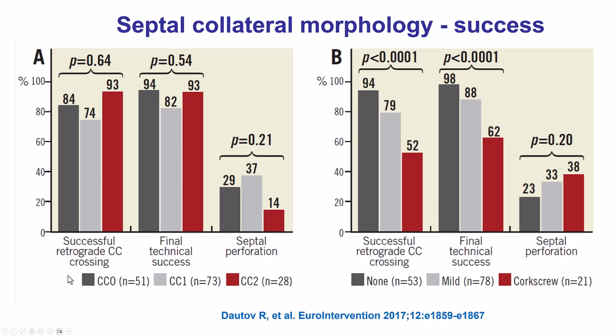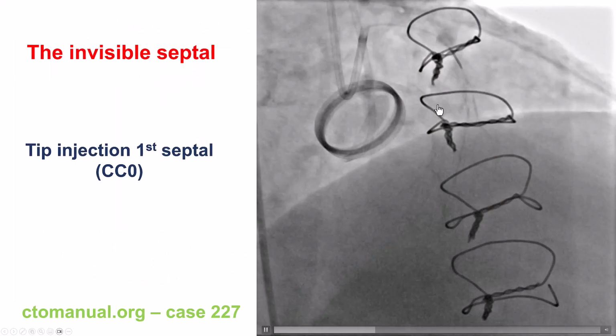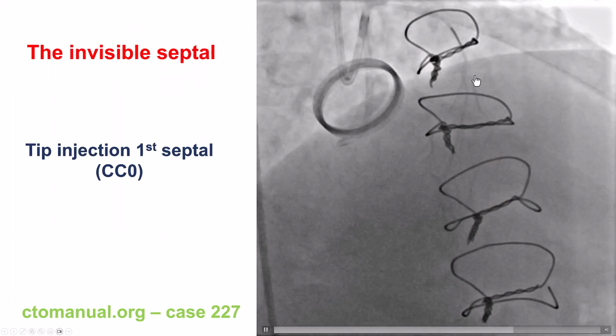However, even when we do not have any visible collaterals, the so-called invisible collateral, quite often, in more than 80% of cases, those collaterals can still be crossed using the surfing technique, which we will discuss later on. This is an example. This is a septal collateral.